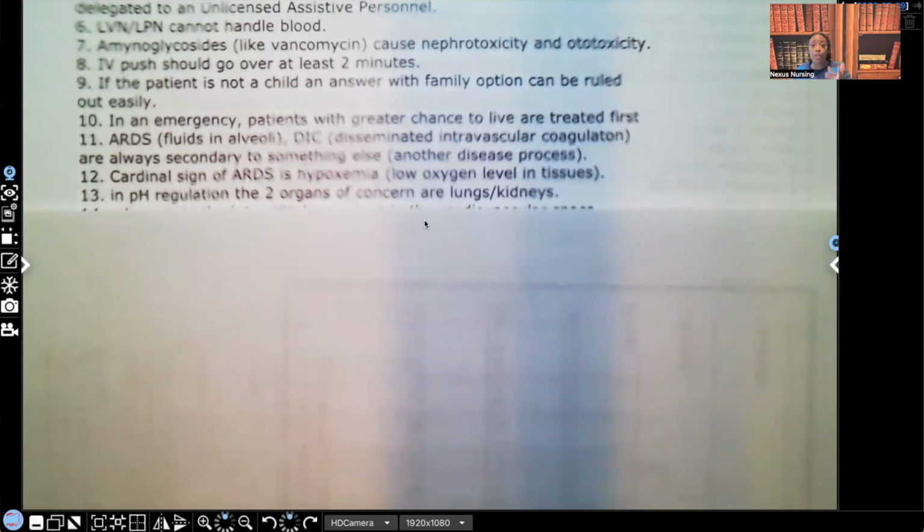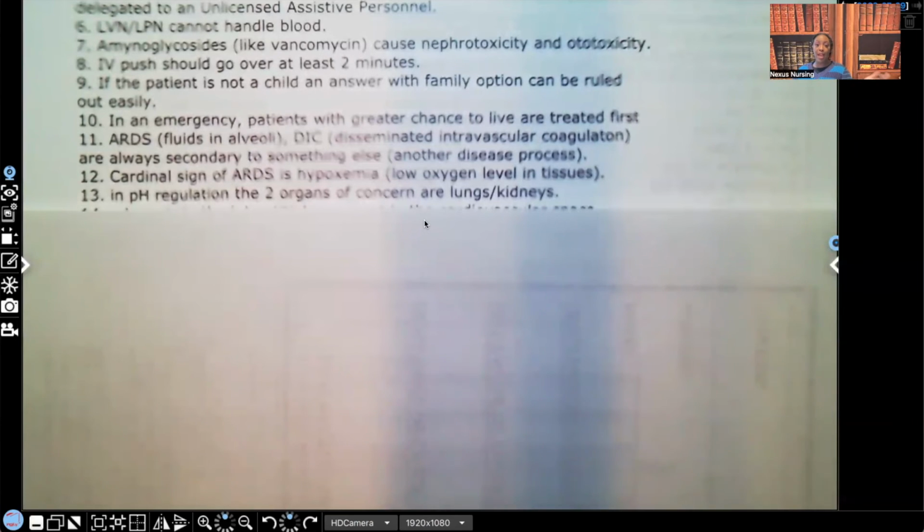What if the patient has too much acid? What's the only organ that can help? The kidneys. What are the kidneys going to do? Hold on to the bicarb to balance things off and keep the pH between 7.35 and 7.45. Let's say the patient is too acidic.